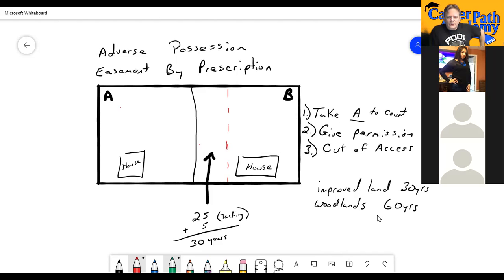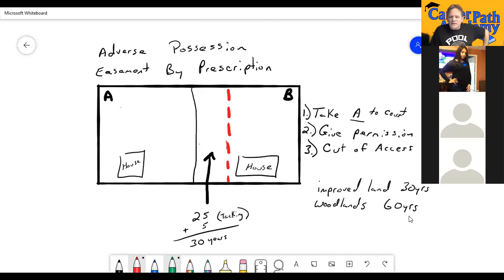Let's look at the picture here. We've got lot owner A on the left, lot owner B on the right. Lot owner A put up this fence clearly over the property line, right? And if it's been there for 25 years and he sells the property, what are you saying? Okay, now I understand. If it's been perfected by court, that means you're now the owner. Not after 25 years, only after 30.